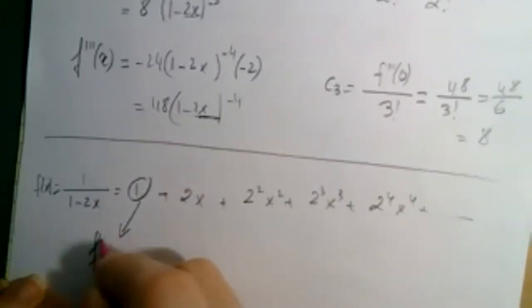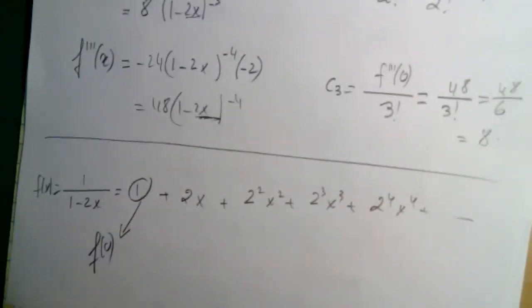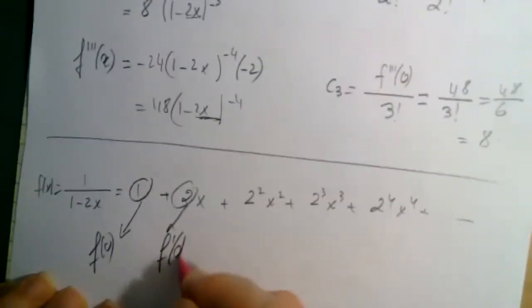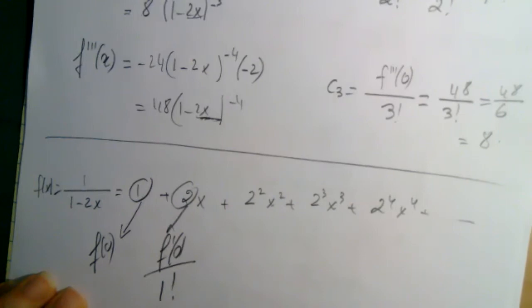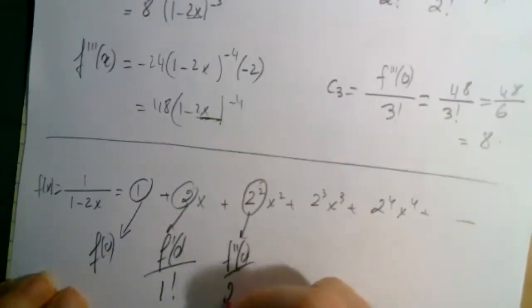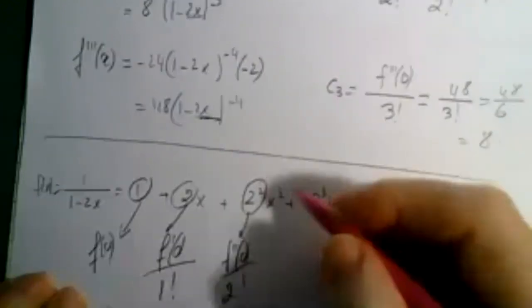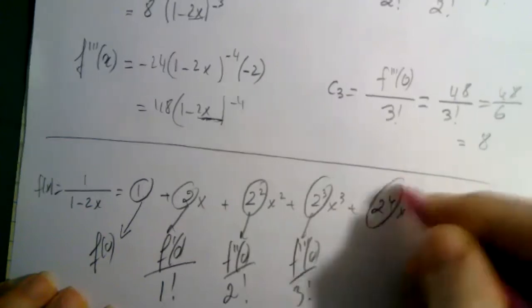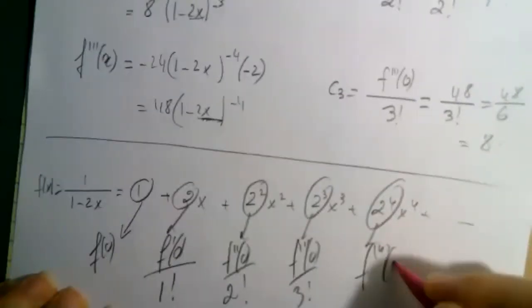The first coefficient is the function at 0. This one is the value of the derivative at 0 over 1 factorial. This is the second derivative at 0 over 2 factorial. This, the third derivative at 0 over 3 factorial. And this, the fourth derivative at 0 over 4 factorial.